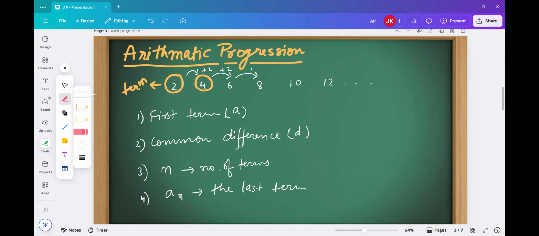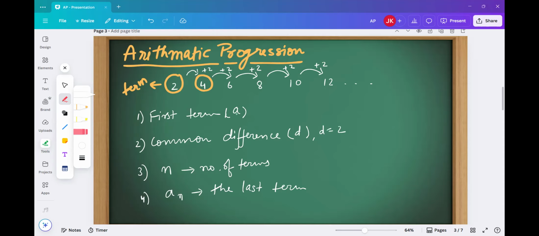To the number that is preceding, we have to add 2 to get the next number, and this is repeated in the sequence. The number which is continuously repeated, we call the common difference. For example, in this case, D is 2.